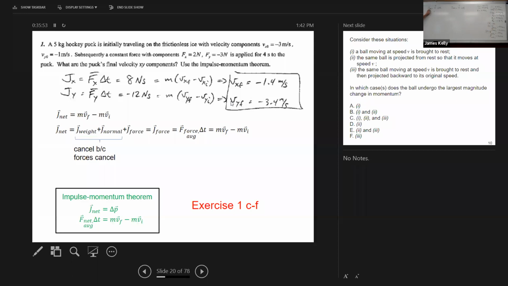There aren't any other forces acting on the ball as it goes. So the net impulse is equal to the impulse delivered by gravity during that period of time. So this is just 0 because gravity didn't deliver any x component of impulse. And that's equal to the final momentum minus the initial momentum. That's x components. That's 7.7 minus 7.7. So that looks like it's true, right? So at least it satisfies the impulse momentum theorem for the x components.